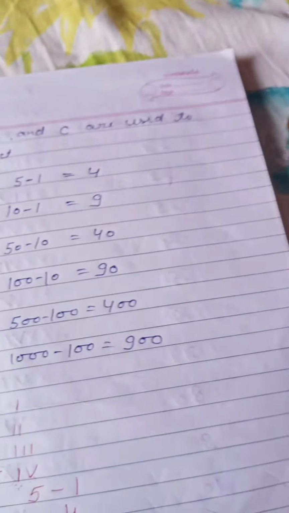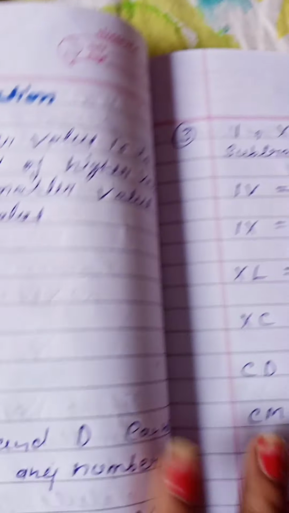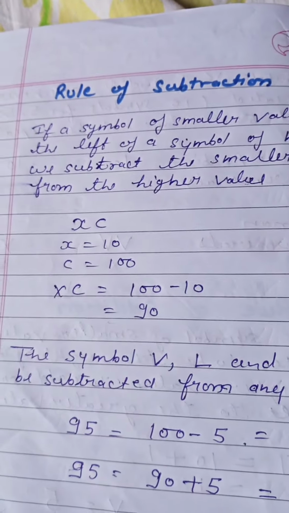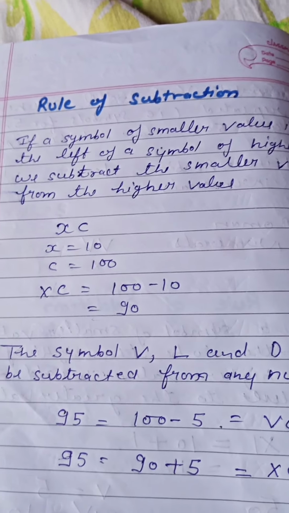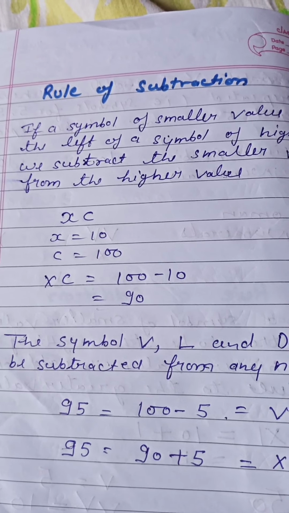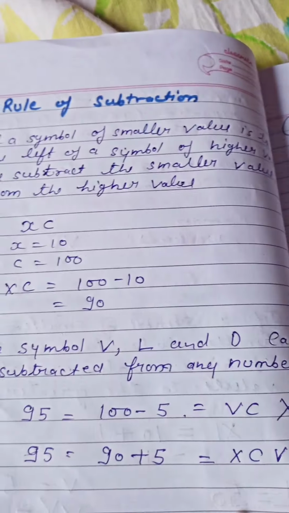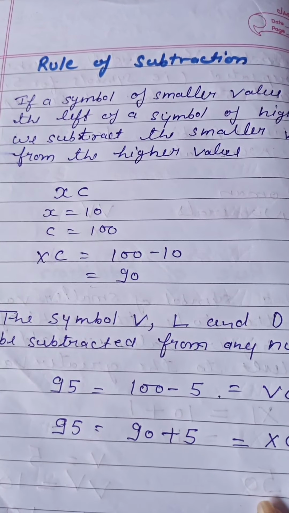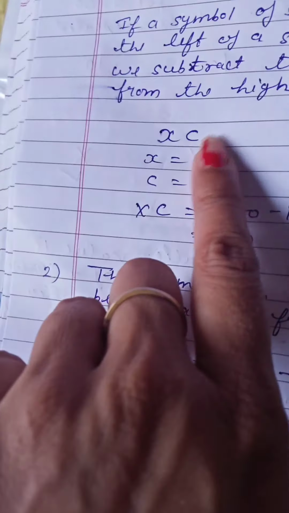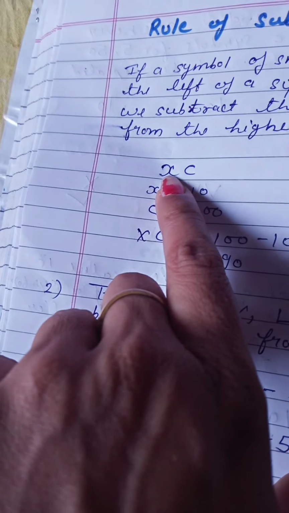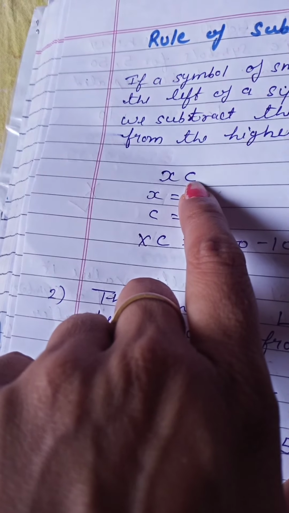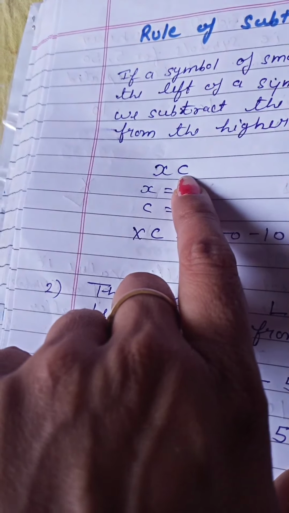Now rule of subtraction. If a symbol of smaller value is to the left of a symbol of higher value, we subtract the smaller value from the higher value. Listen, X is equal to 10 and C is equal to 100.